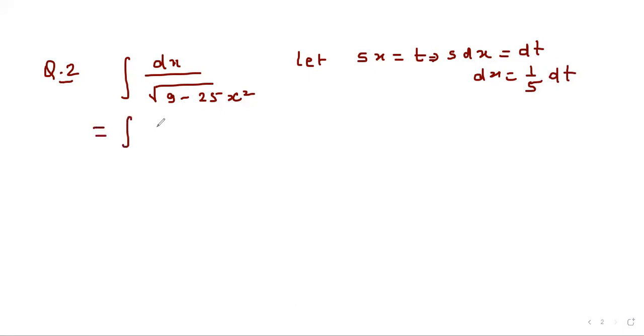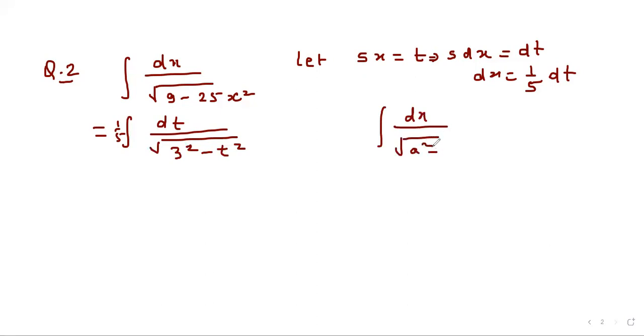So our question becomes 1 upon 5 dt upon root of 3 square minus t square, which is of the form dx upon root of a square minus x square. That gives sine inverse x upon a plus c.